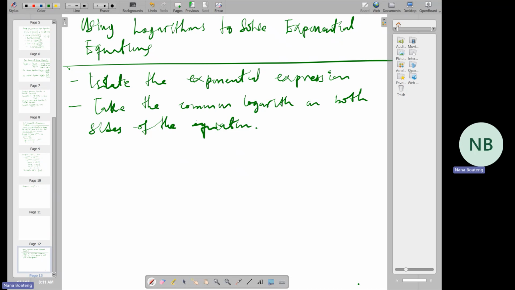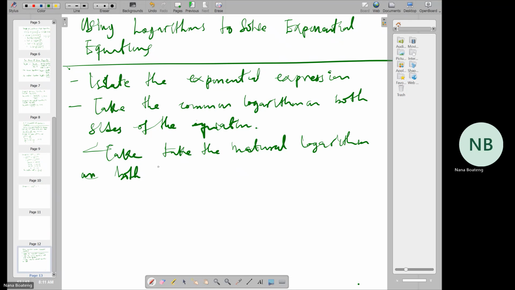You take either the common logarithm on both sides, or you take the natural logarithm on both sides of the equation. For other bases, that is, bases other than 10, you can use either.